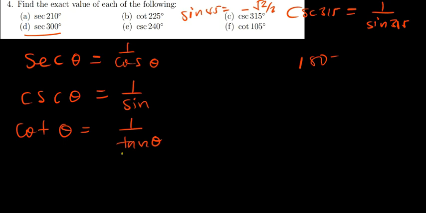So I think the best way is, for 300, it's going to be easy because of the special angle. Let me leave something which is going to be easy for you. 300 is going to give us what? 300 is in the fourth quadrant. It's going to be 60. So for this one you can solve because the special angle is 60.